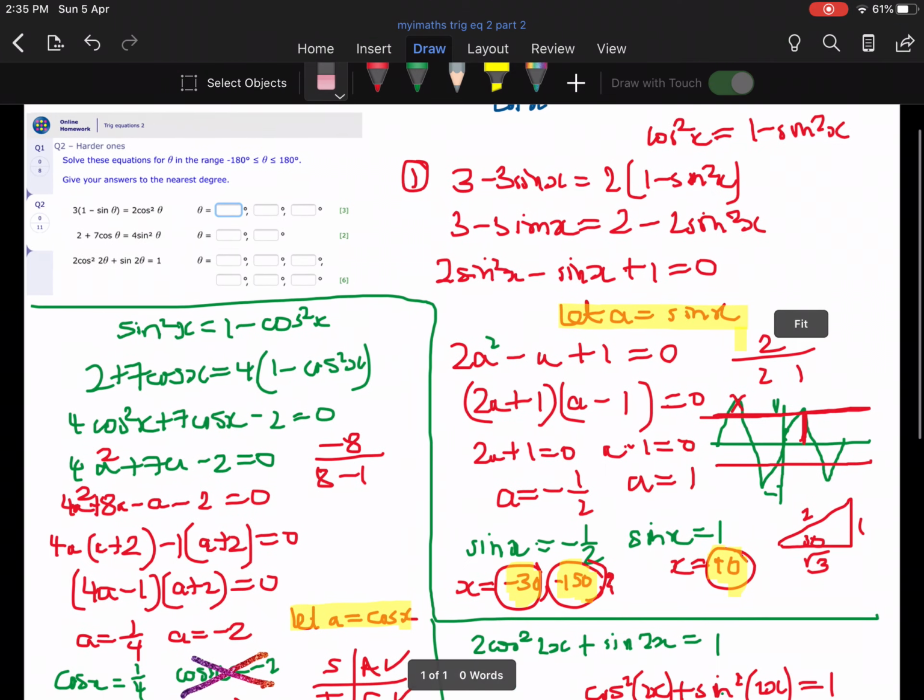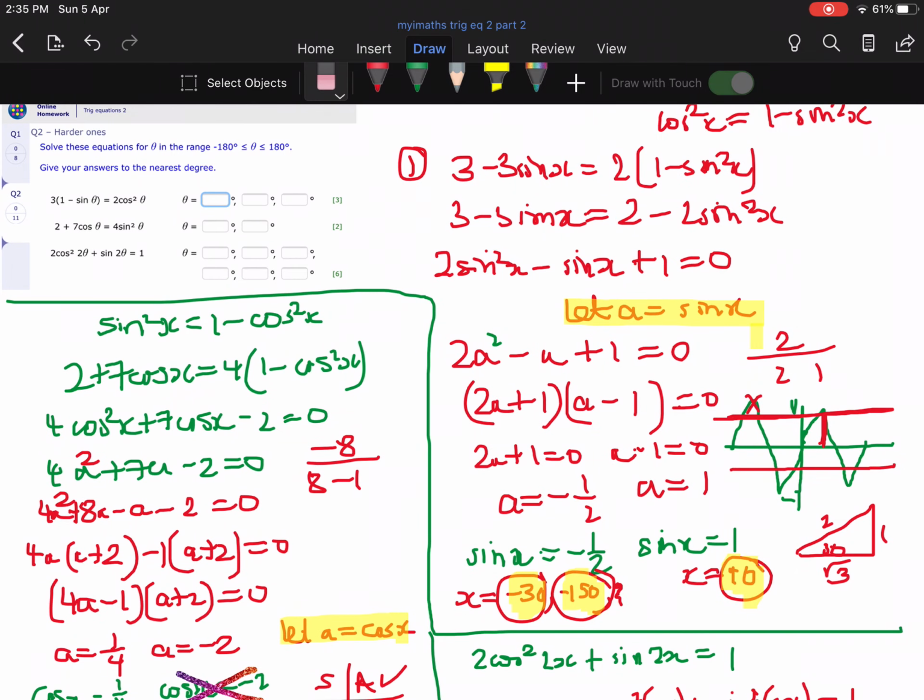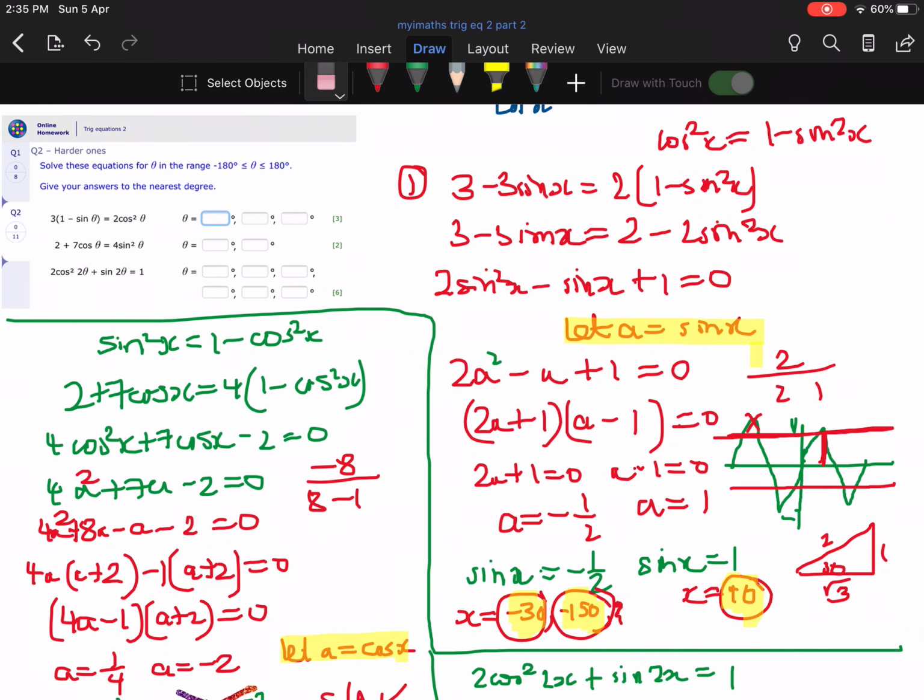Sorry, I'm just going back to question 1 here and checking over this. 3 minus 3 sine x equals 2 bracket 1 minus sine squared x. If that's 2 minus 2 sine squared x, bring that over, that becomes positive. That remains the same. And then 3 minus 2 is 1. So 2 times 1 is 2.